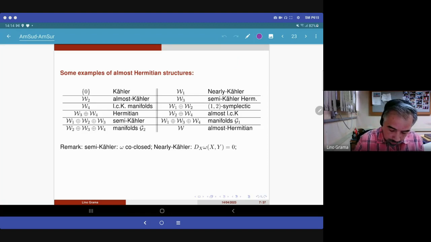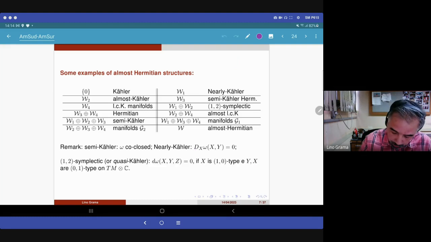Just some remarks. Semi-Kähler is when omega is co-closed. Nearly Kähler is this. I just say 1-2 symplectic, or it appears in the literature as quasi-Kähler. Write this way.